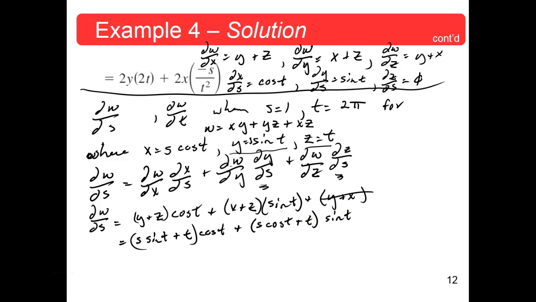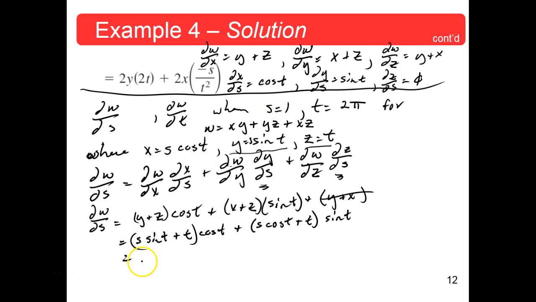Now at this point we're going to plug in what S and T are. S equals 1 and T equals 2 pi.